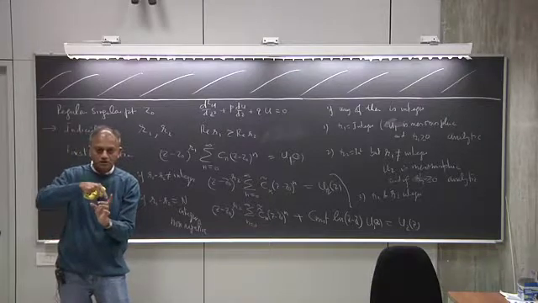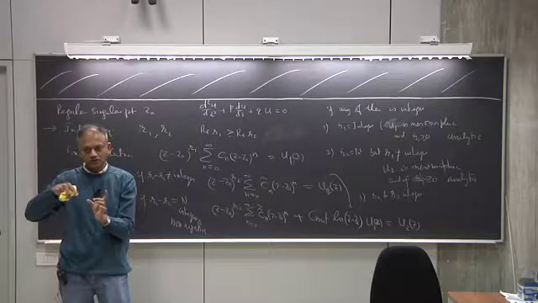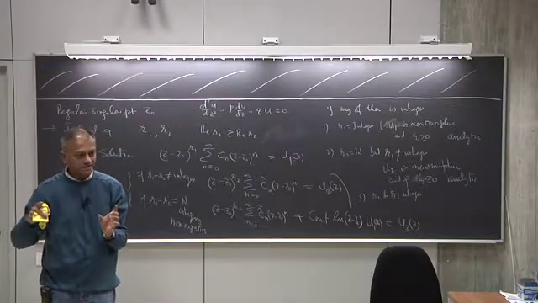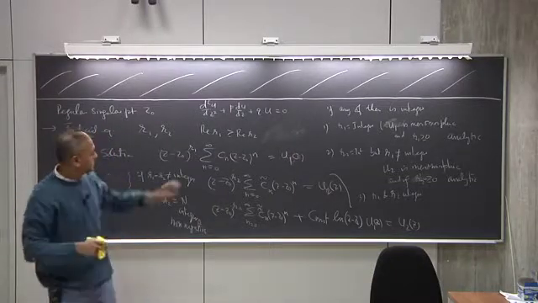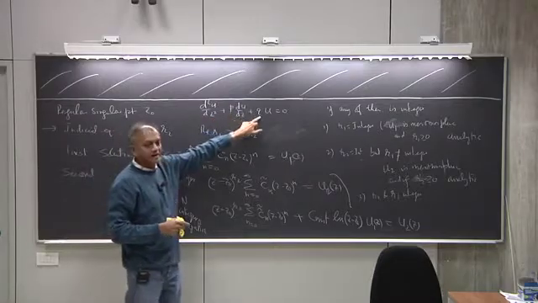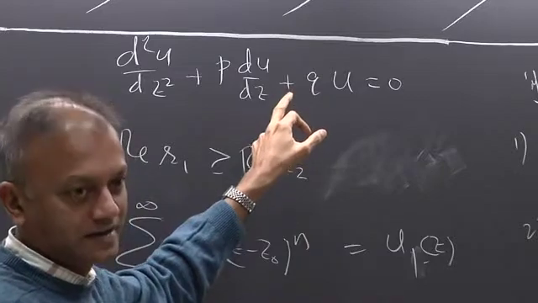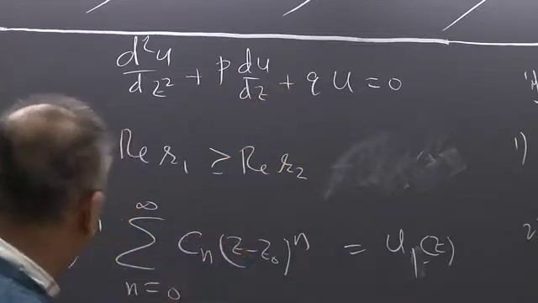In that neighborhood, we were able to construct the fundamental set of solutions, and both of them were analytic, right? So around the points where p and q are analytic, both the fundamental solutions are analytic.